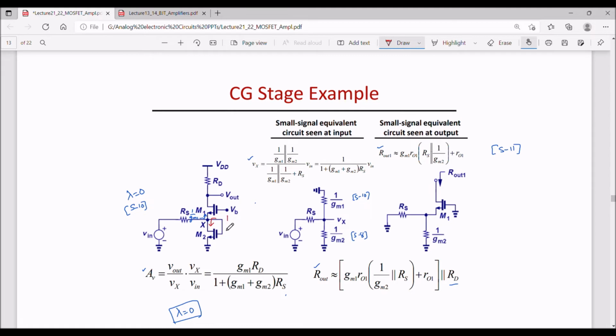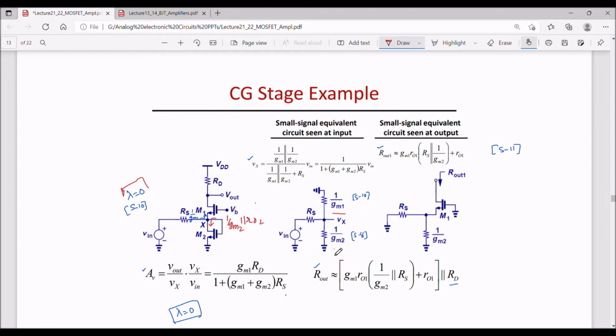The impedance of this node looking into the drain of the diode connected MOSFET M2 would be 1 by Gm2, considering lambda is 0. Otherwise 1 by Gm2 parallel to RO2 would have come. Similarly, looking into the source of M1, one can write the impedance as 1 by Gm1.